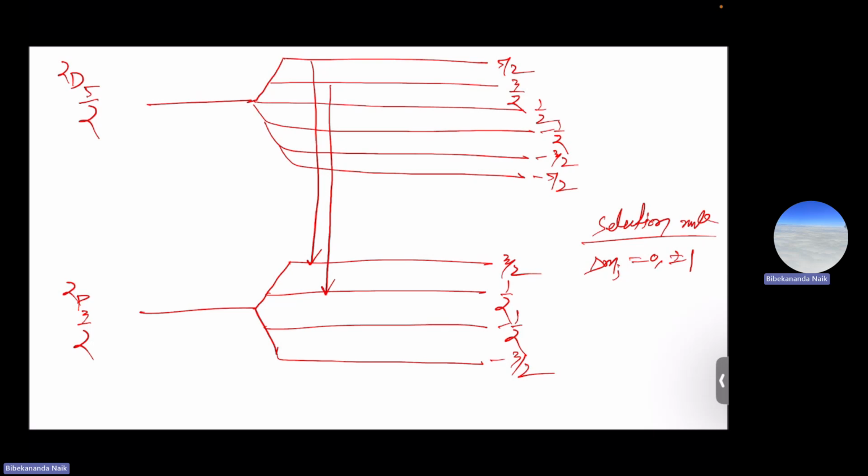Half to minus half, and minus half to minus 3 by 2. So these are 4 transitions.